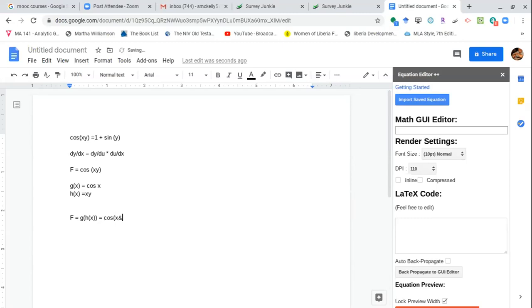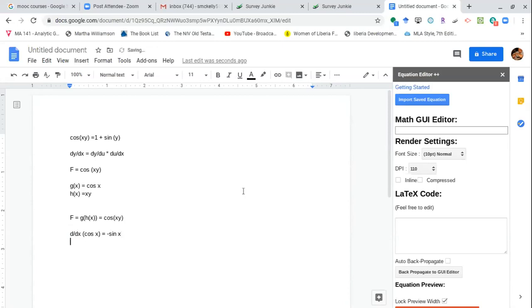So I have to differentiate the outside. Now, this is where you're getting tripped up. The derivative with respect to x of cosine x is negative sine x. Whatever the argument is, you just bring it over.